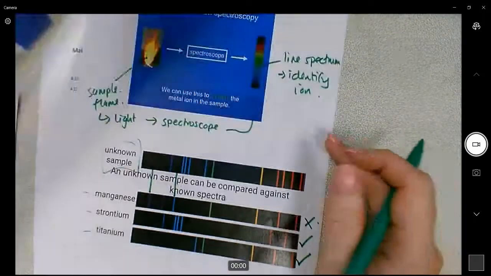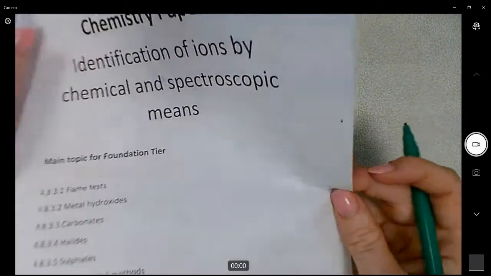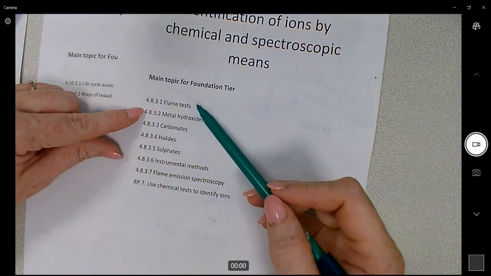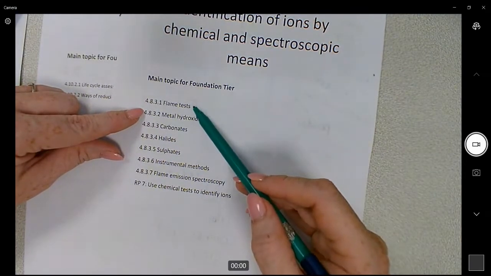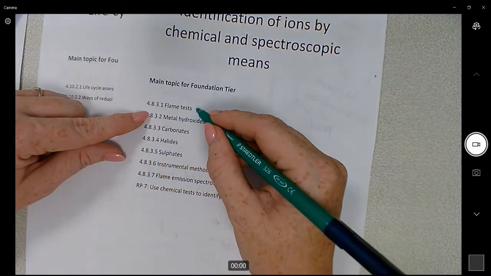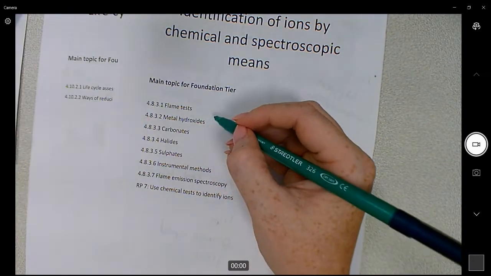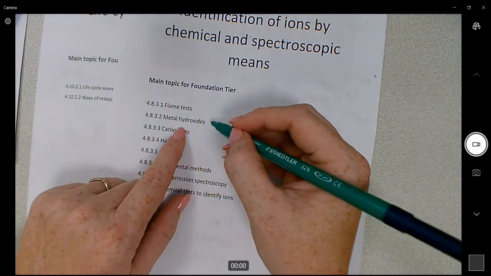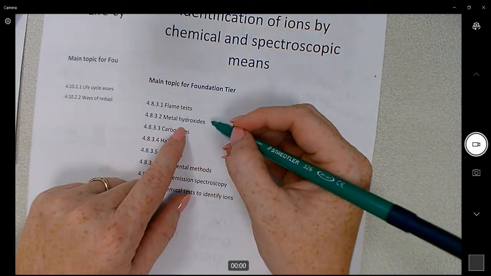So that is everything that we've just gone through. Here's the list of topics: our flame test methods and how to do the flame test, testing for different metal ions, that is, positive metal ions, along with their colours. The metal hydroxide test, so again, making sure that you know that they form precipitates that are different colours, and that aluminium is the only one that redissolves.